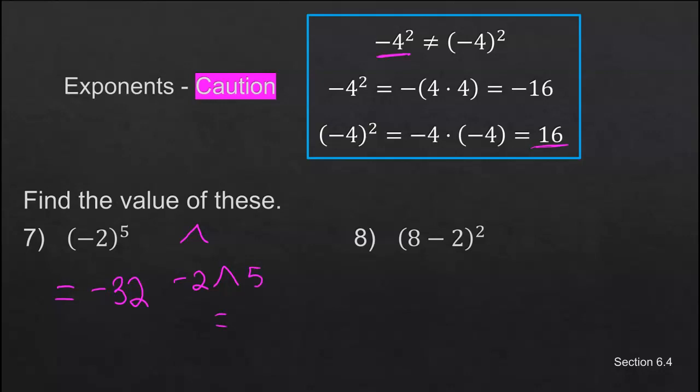Some calculators will have x to the y or y to the x keys, and that would be your exponent key. You might just have to practice with it a little bit, but usually, if it's y to the x, you would put in negative 2, and then this key, and 5, and then your equals key.